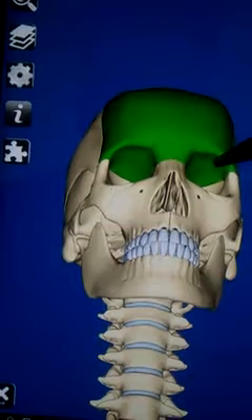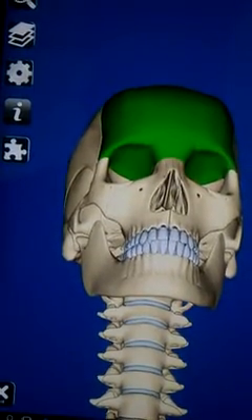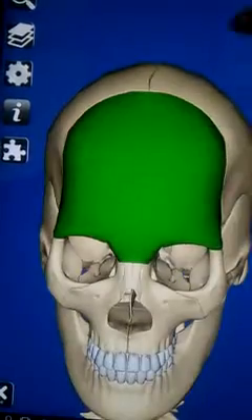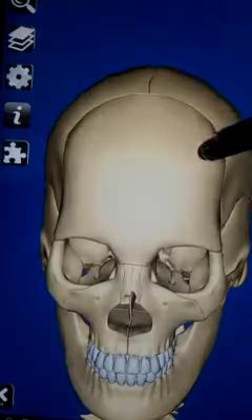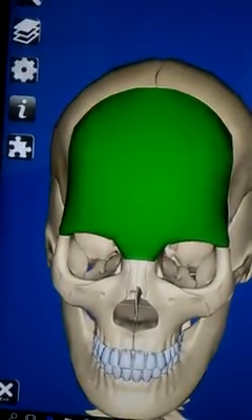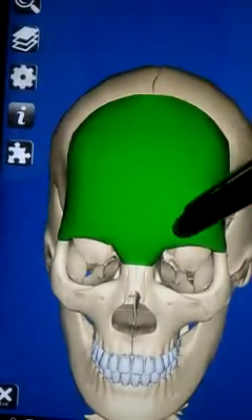These are the backward extensions of the frontal bone on either side of the median plane. On the forehead there are two frontal tubers, which are prominent in children and females. So this is about the forehead part.